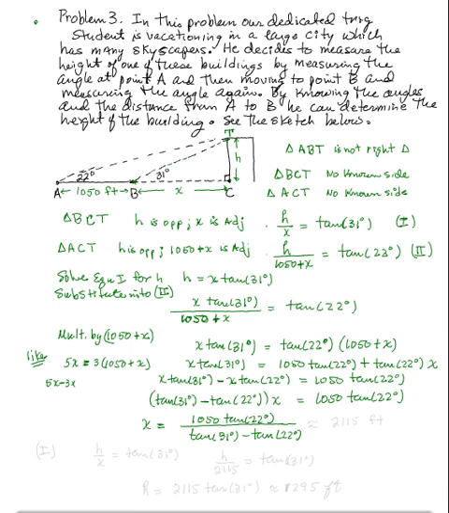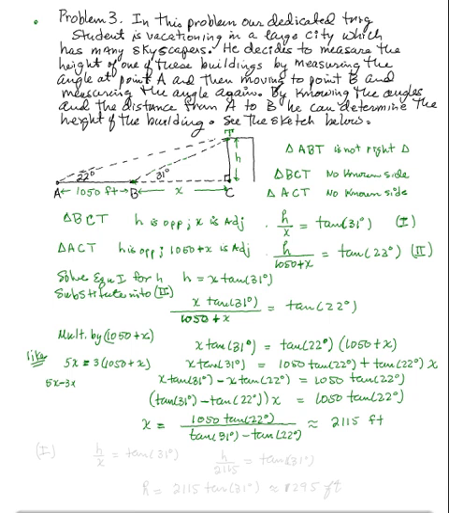At any rate, that would have been another option. Now I'm going with this one, so that now I can put this in my calculator and say what the value of x is. So let me do that. The value of x will be 2,115 feet. And that's rounded to the nearest foot.